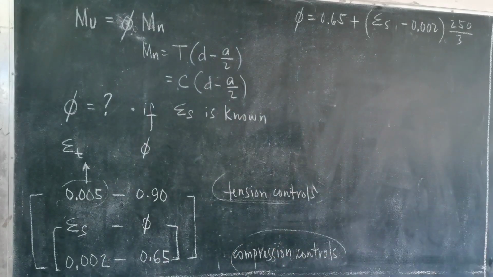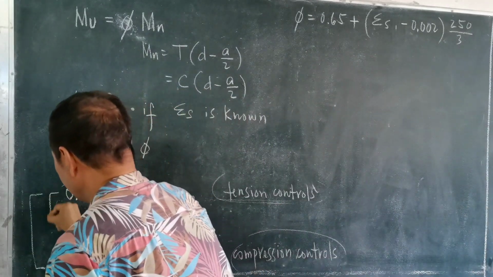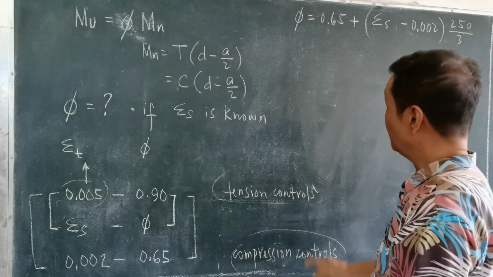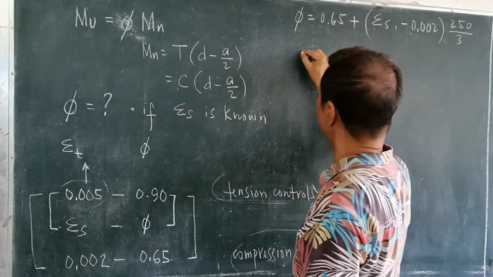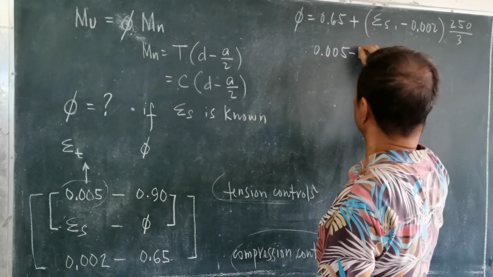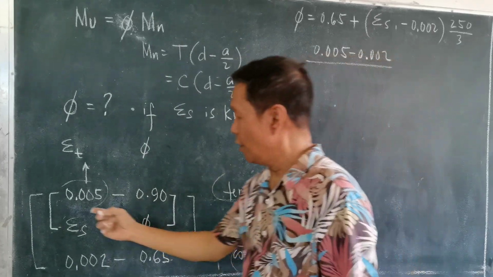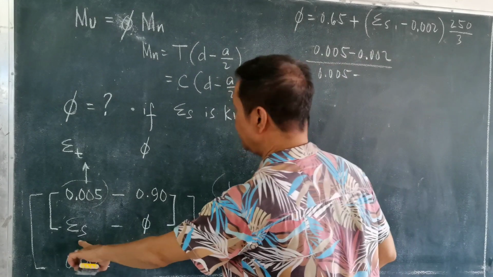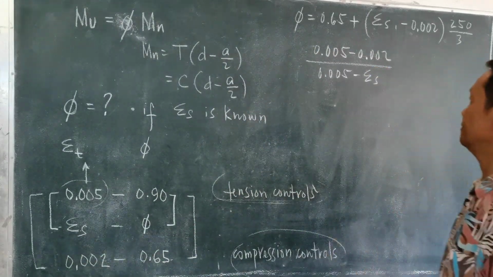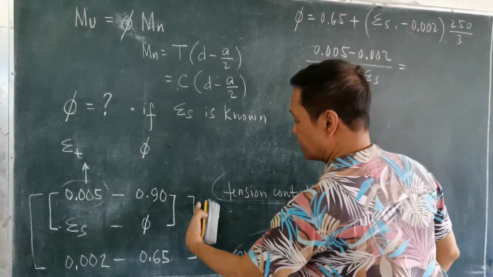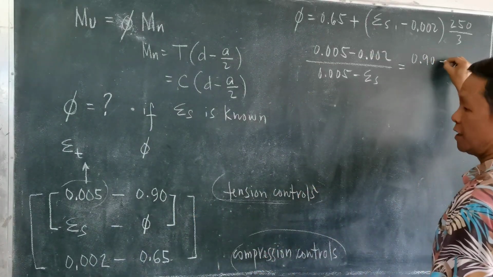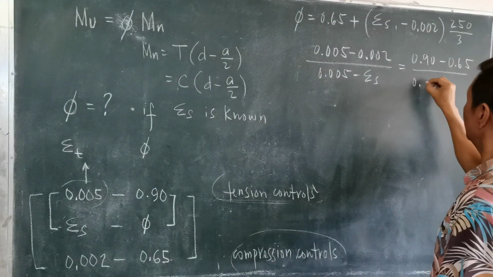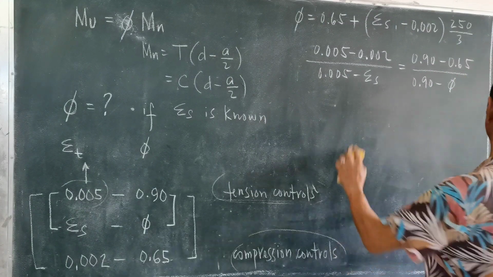So first, 0.005 minus 0.002 over 0.005 minus the actual strain computed is equal to, in the larger bracket, 0.9 minus 0.65, and in the smaller, 0.9 minus phi, over 0.9 minus phi.